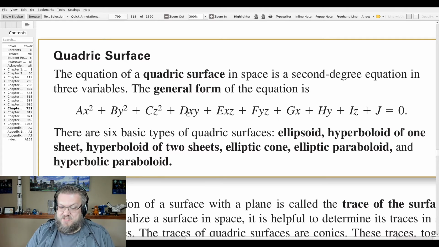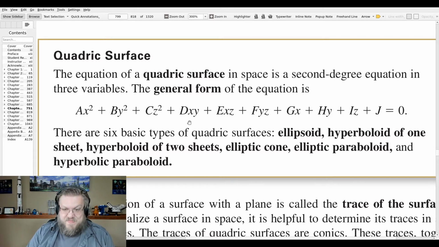So this is all combinations. You can have xy, xz, or yz, right? Because remember, powers can only be at most 2. Or you can have powers of 1, which would just give me an x term or a y term or a z term. Or you could have powers of 0, which would just be a constant. And so if you allow for all of these, then you have what we have called a quadric surface, right?